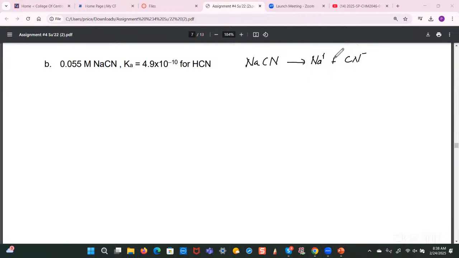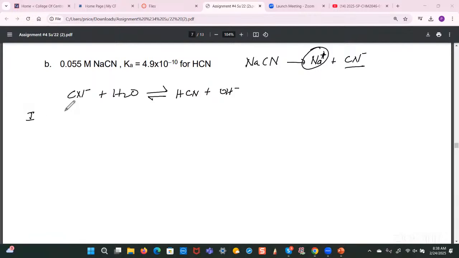So the question now becomes, what happens after these two dissociate? How will they interact with water? We already know that sodium will not interact with water, but the cyanide itself will interact with water as a base, according to this equation right here, giving HCN plus OH minus. So that's basically how that happens, and therefore we can set up an ICE table.